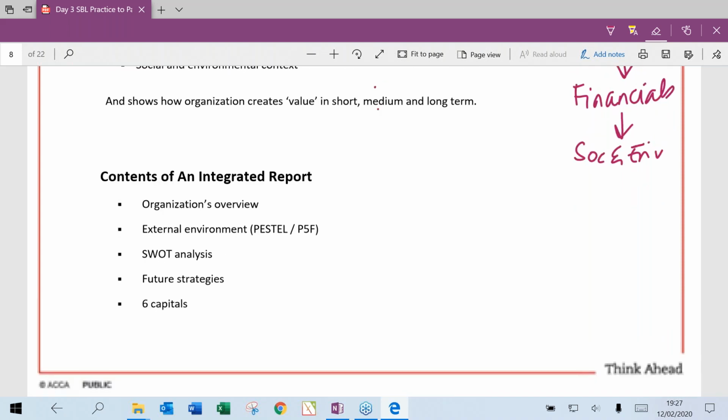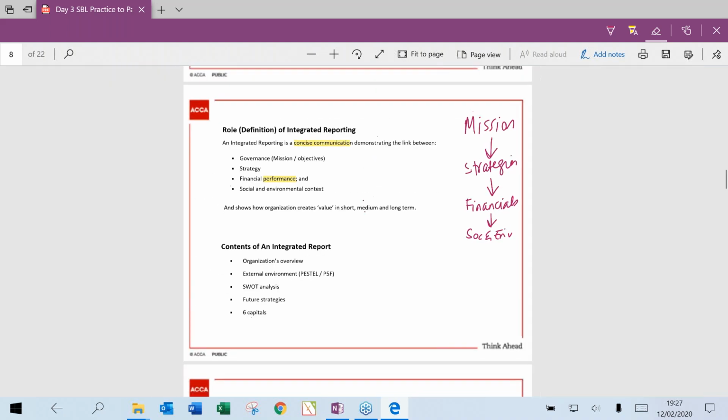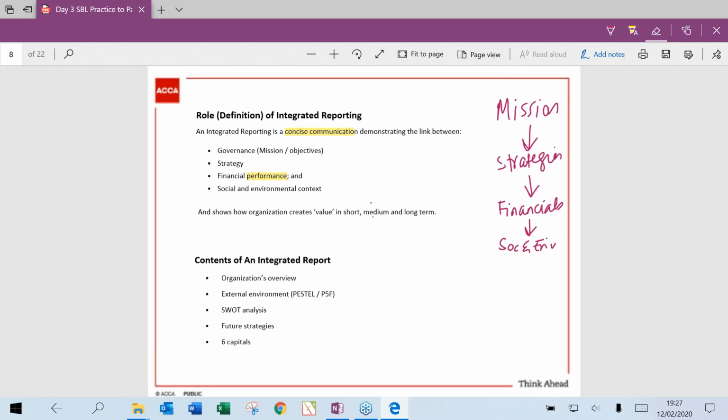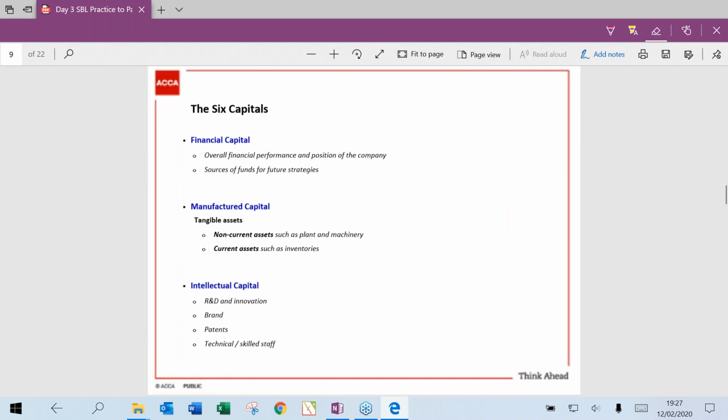All right. Thanks. So the first thing, this one page covers the role and the contents. This is a little bit dry, so you might need to memorize certain bits of it. Now the six capitals.